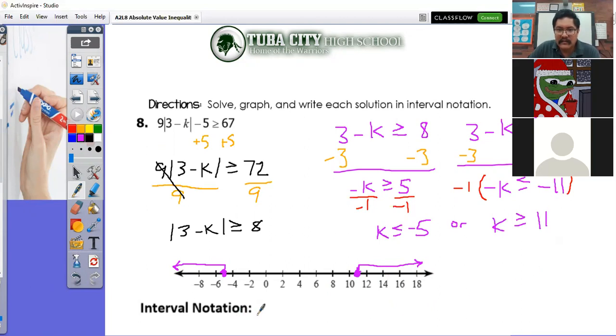Just need to work on our interval notation, so negative infinity to our smaller number, negative 5. And it is included, so bracket, union, and bracket again because we are including 11, on to infinity.